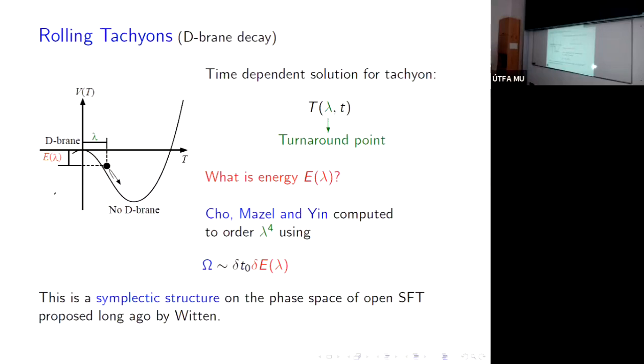What they did is they used a formula for the symplectic structure on the phase space of string field theory that was proposed many, many years ago by Edward Witten.